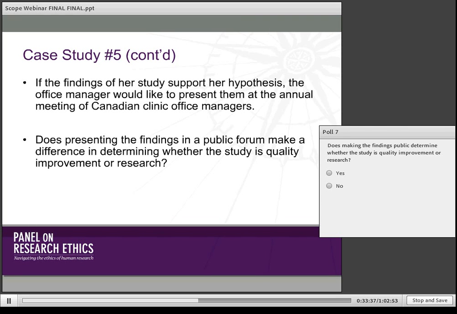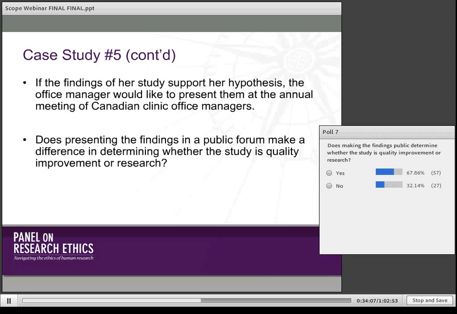I can see maybe 70 people have now responded. I'm now going to broadcast the results. Interesting. So we can see that about 67% of the people believe that making the findings public determines whether the study is quality improvement or research, and 33% or so believe that it does not.